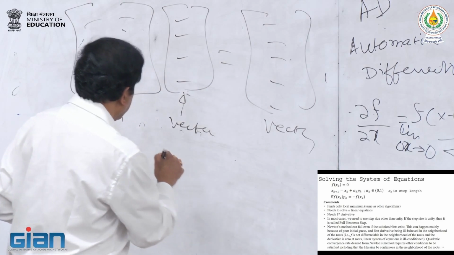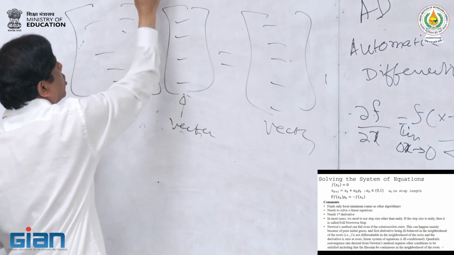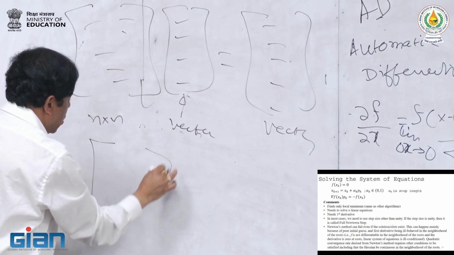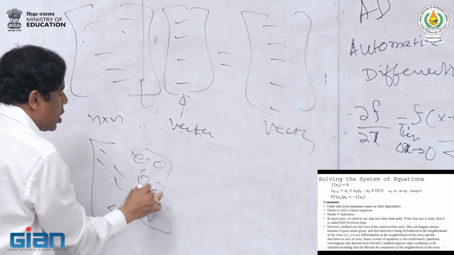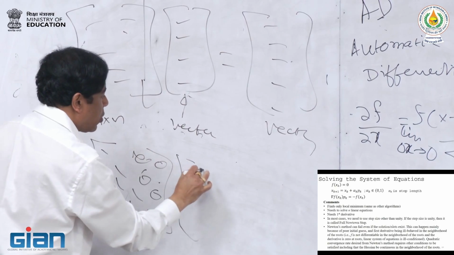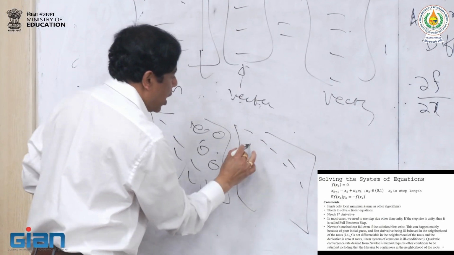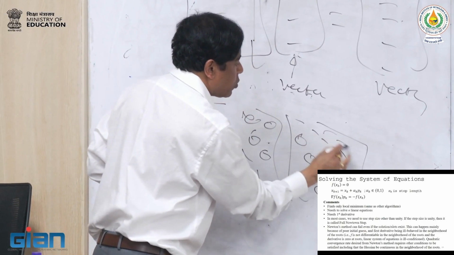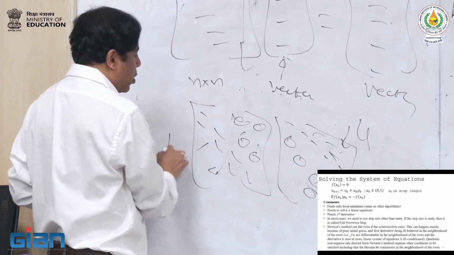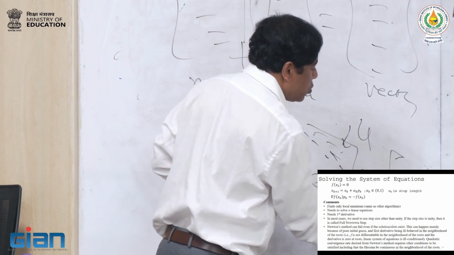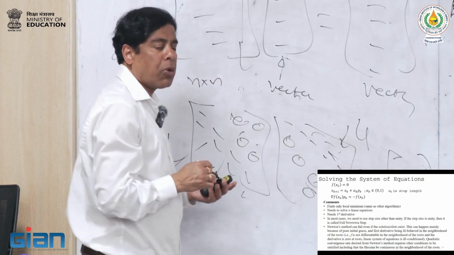If I'm simply doing an LU decomposition, we put it in the form of a matrix. These are all zeros, and this is the other way around, and this is all zeros, right? So this is the upper diagonal matrix, this is the lower diagonal matrix, and we do the decomposition, and that is how we solve this.